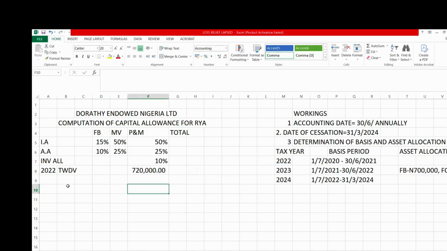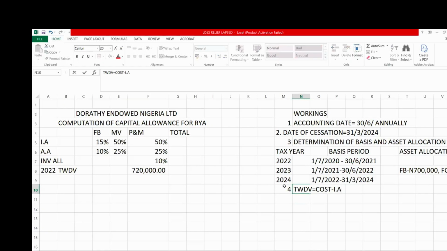Because we are given tax written down value, don't forget, I told you that tax written down value is equal to cost minus initial allowance, minus annual allowance.